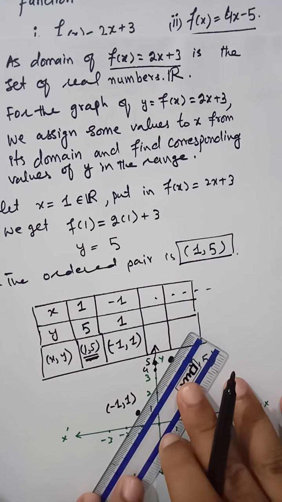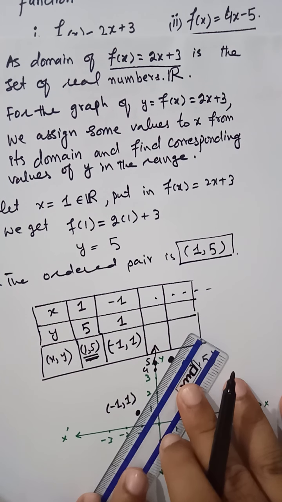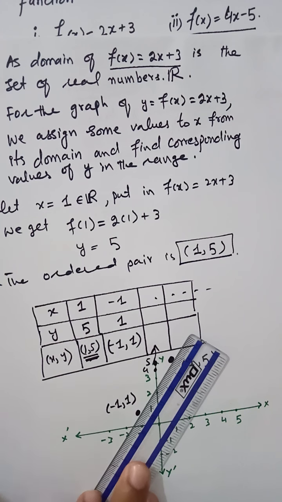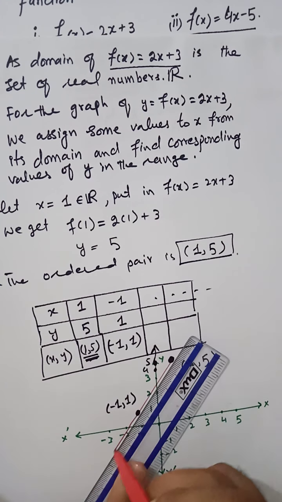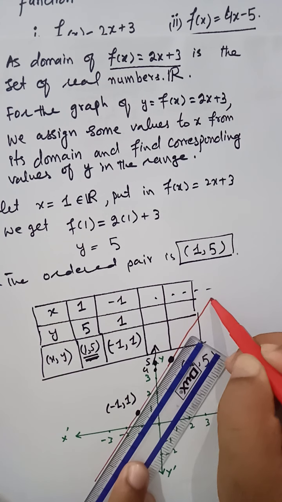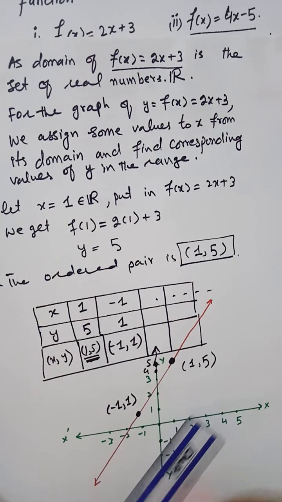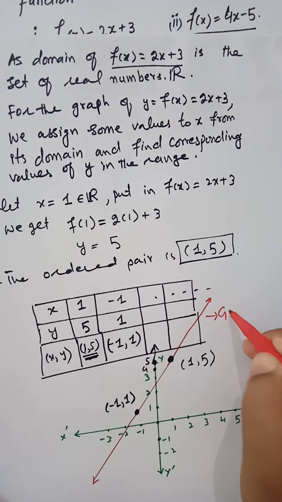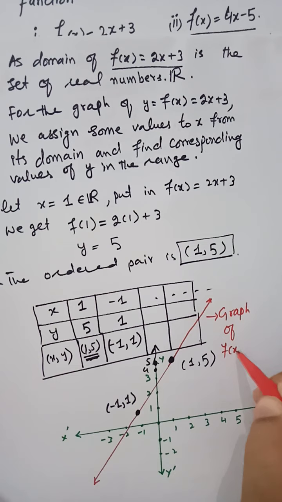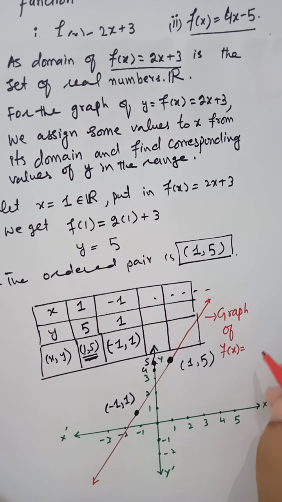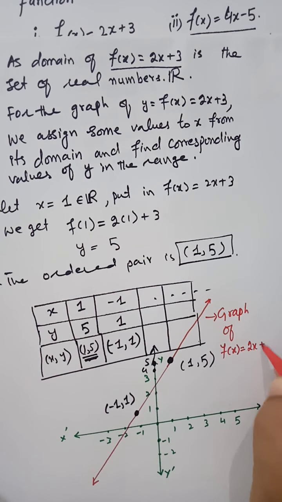But remember, there is a little ambiguity. Now you see, I am passing a straight line. So this is the graph of f of x is equal to 2x plus 3.